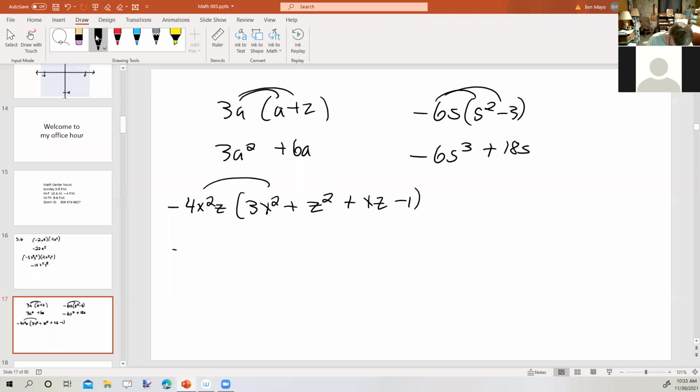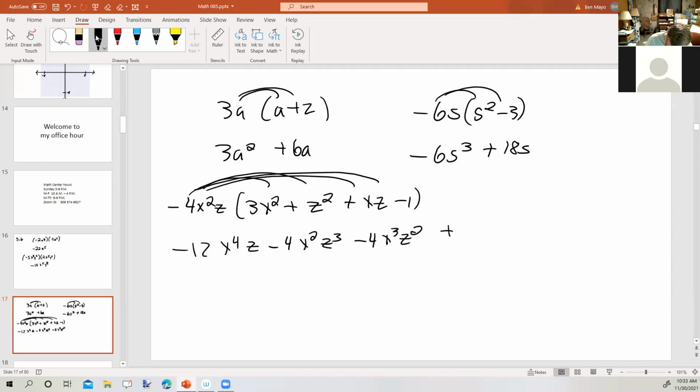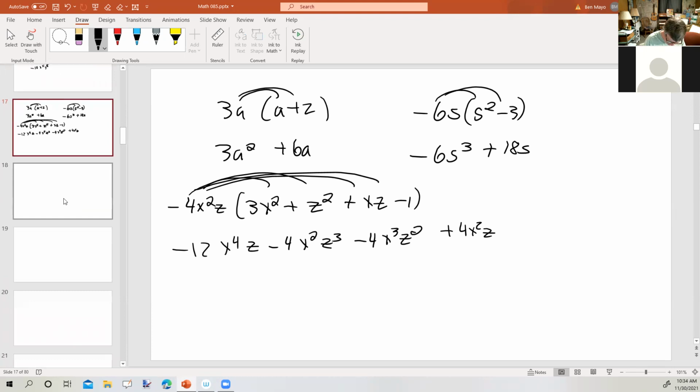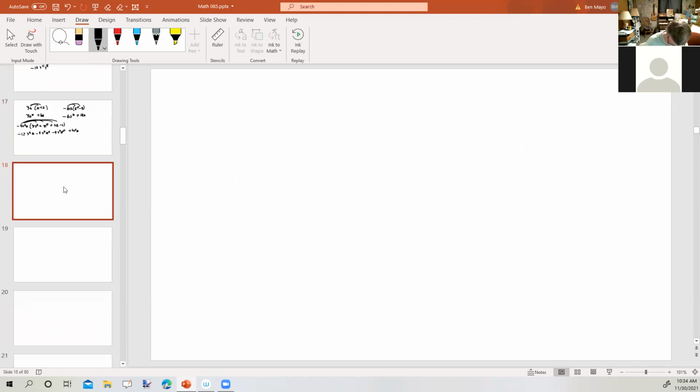So this becomes negative 12 x to the 4th z minus 4x squared z cubed minus 4x cubed z squared plus 4x squared z. And there are no like terms that we can combine, so that's as far as we can go.